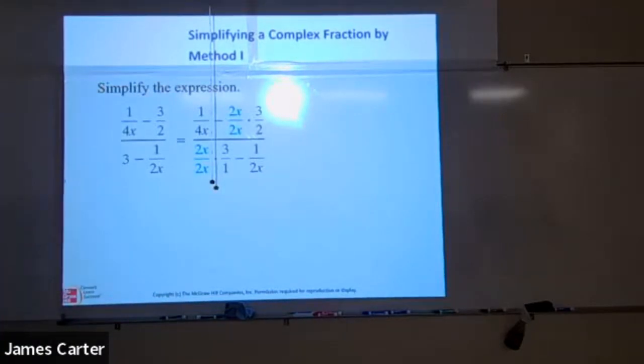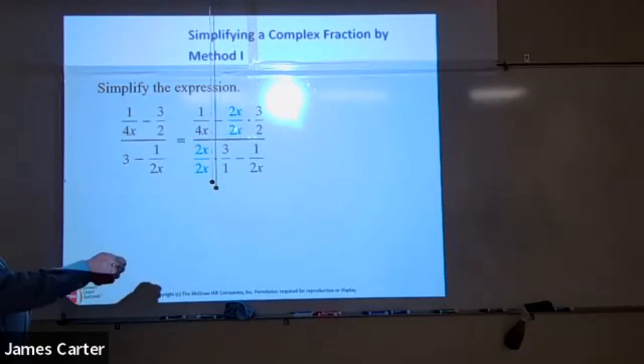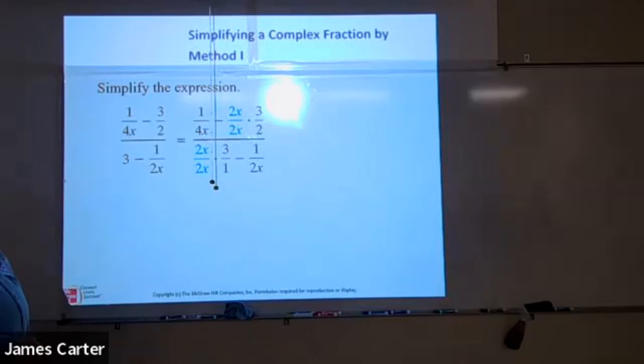So what they're doing here is they're comparing both numerator fractions. I've got a denominator of 4x here. I've got a 2x, or just a plain 2 here. So the missing part of the common denominator of that is a 2x. 2x times 2 would give me 4x for that whole line. They put this over 1, and then this is missing a 2x also.